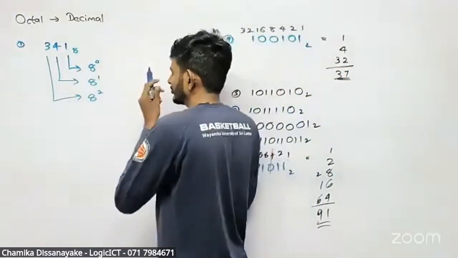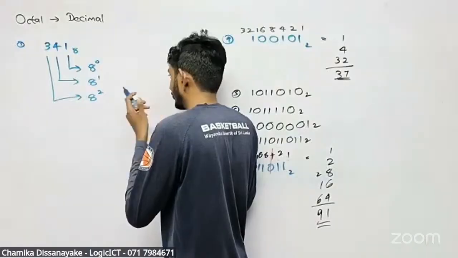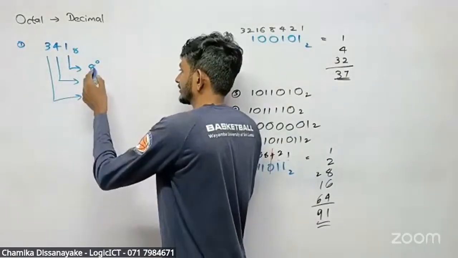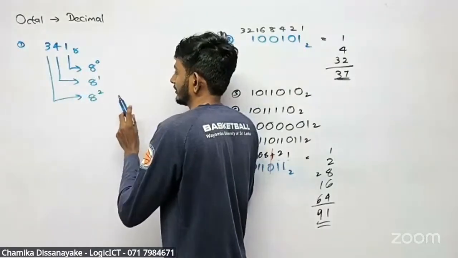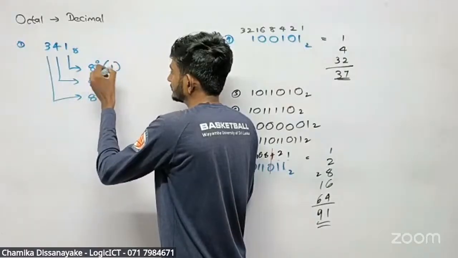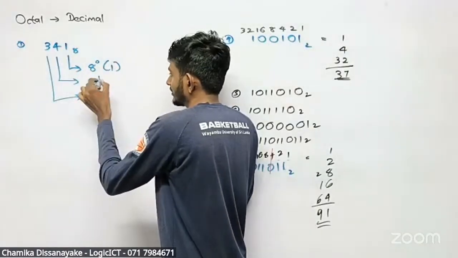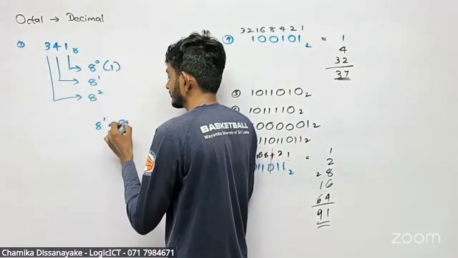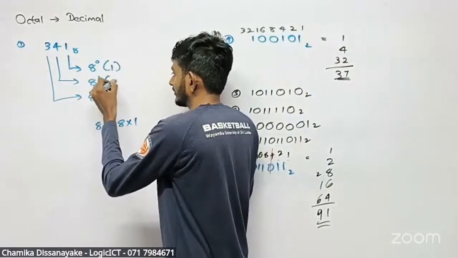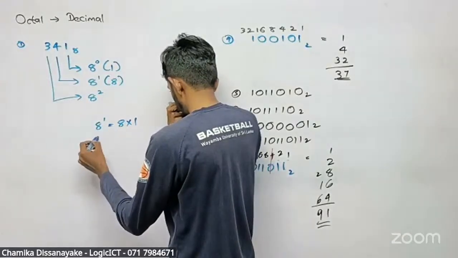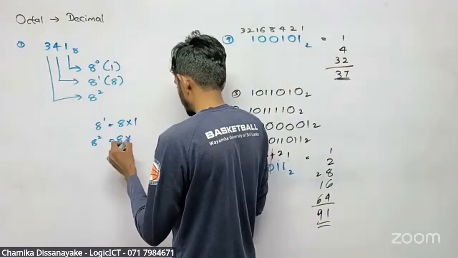So here, as I already told you, any number to the zeroth power will be 1. Okay. So here 8 to the power 1 means 8 by 1. The value is 8. So here 8 to the power 2 is 8 by 8.